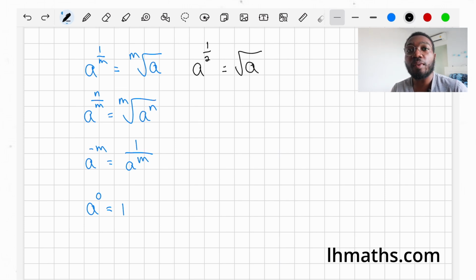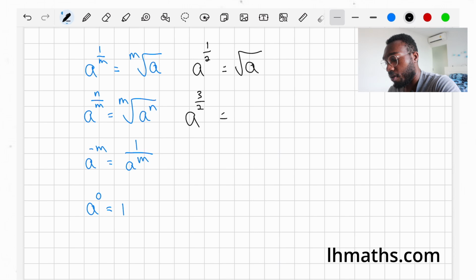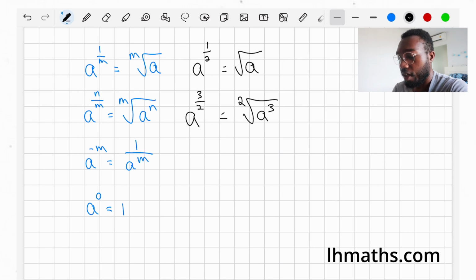So if you see anything where it's a number to the power of a half, that means it's the square root. You can also have another one too. Let's say we have a to the power of 3 over 2. Then that is the same as saying the square root of a, all to the 3, as well.